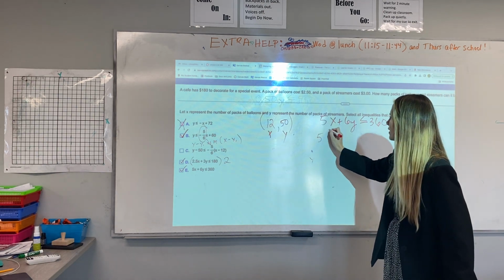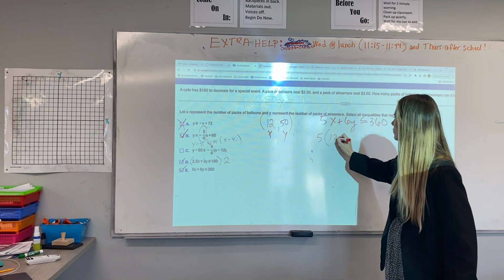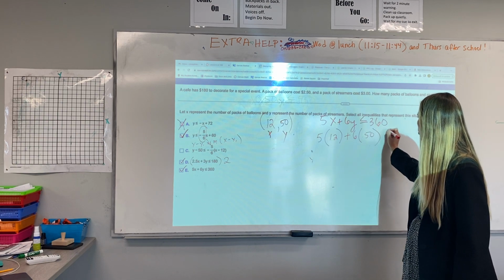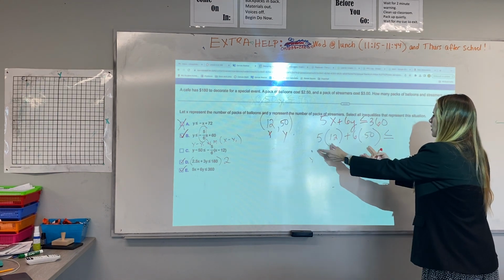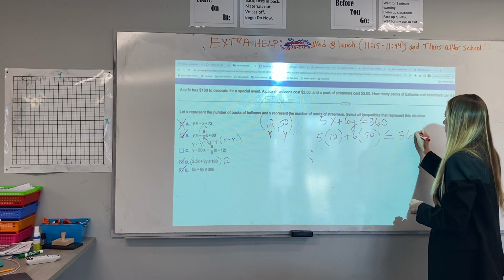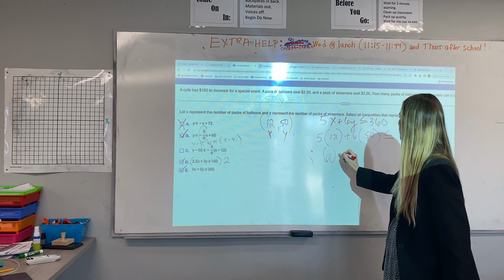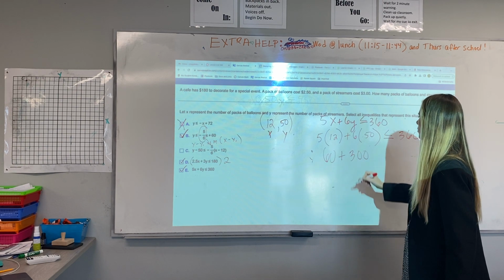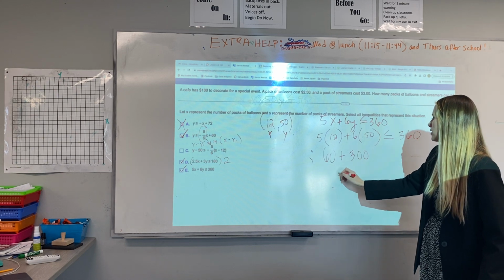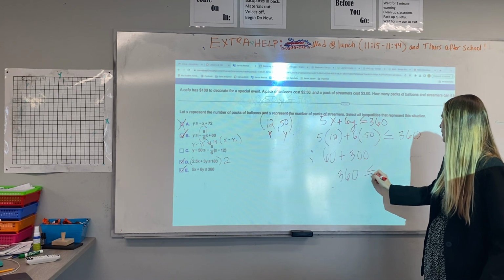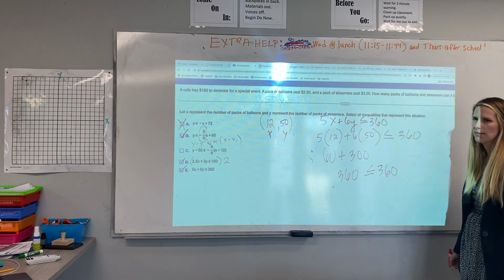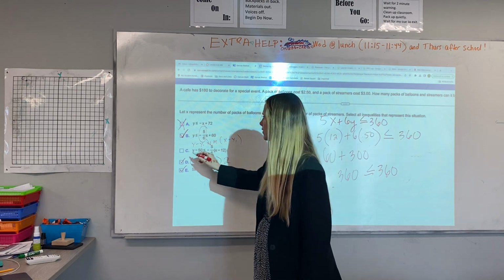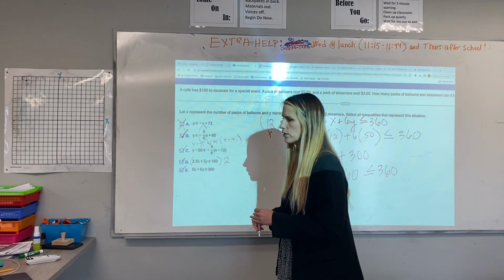So 5 times x, which is 12, plus 6 times y, which is 50, and we're just going to make sure that the sum of these products is less than or equal to 360. 5 times 12 is 60. 6 times 50 is 300. So 60 plus 300 is 360, which is less than or equal to 360. Is that a true statement? Yes. So is this a valid inequality? Yes. So the only one that was wrong was that one over there.